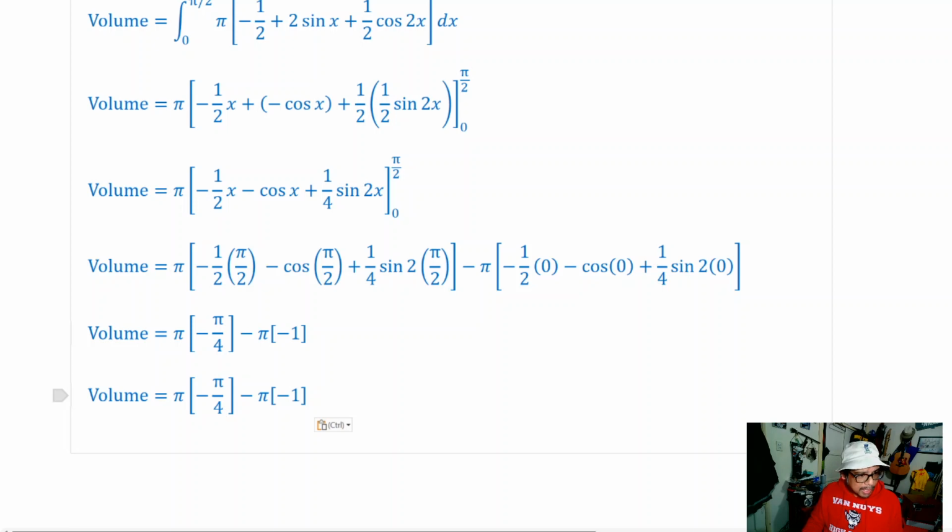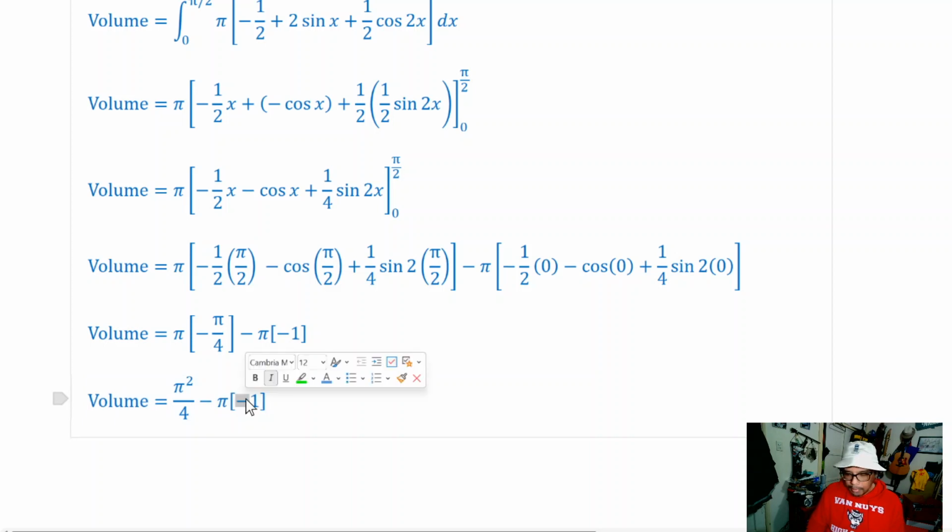Pi times pi over 4, that is pi squared over 4. And then we're going to take this minus, change that into a plus, and we don't need that. So that's what we're getting here. It looks like pi squared over 4 plus pi.